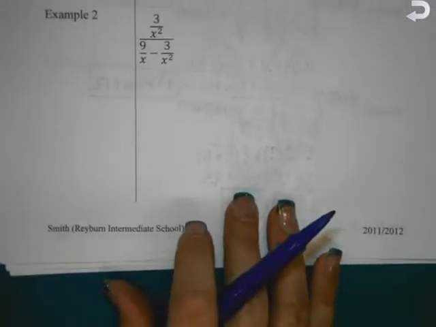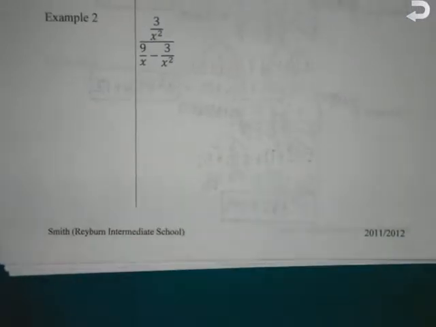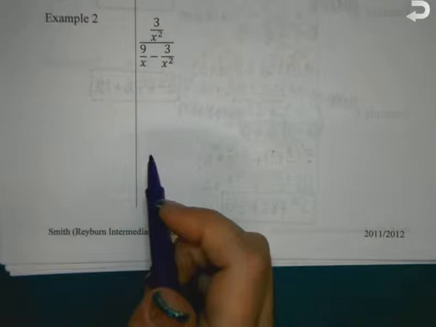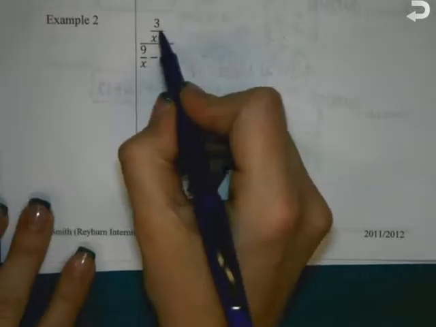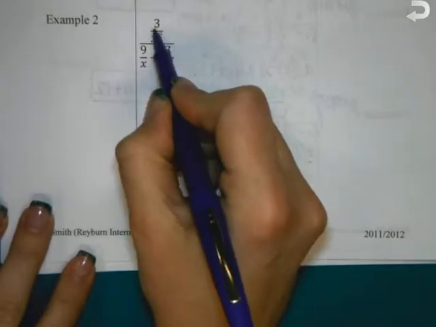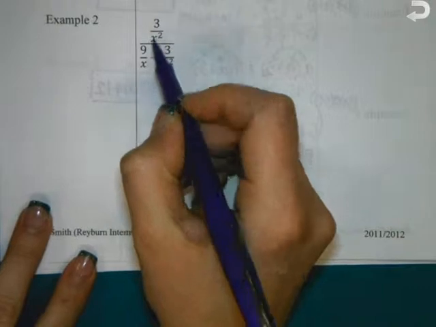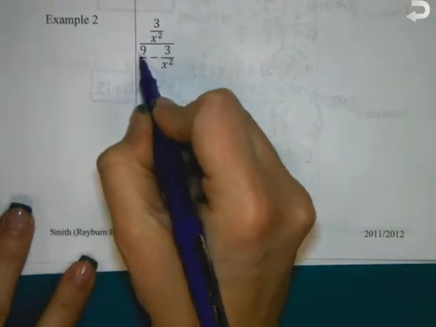3 over x squared all over 9 over x minus 3 over x squared. The denominator on the top is x squared, and we have two denominators on the bottom, x and x squared. So what is my LCD going to be?